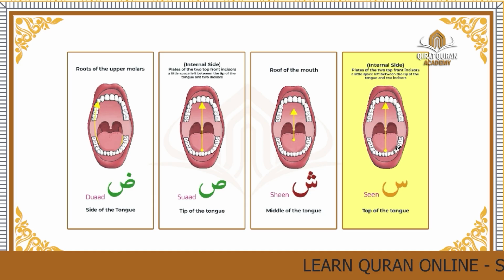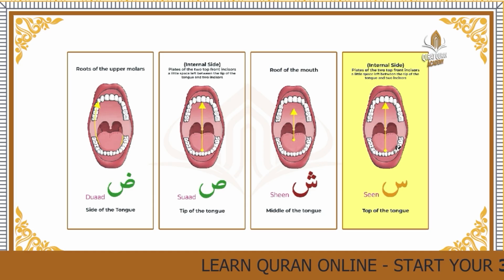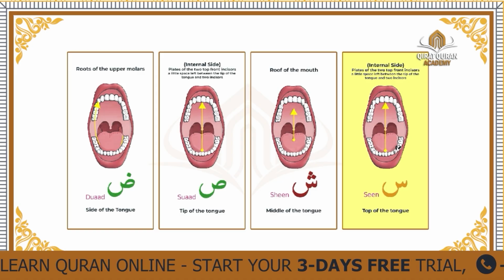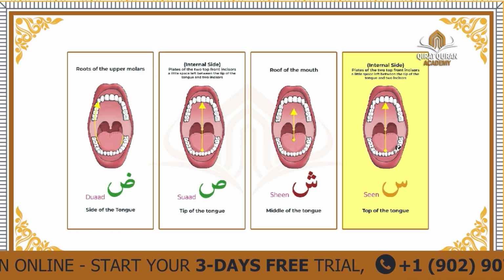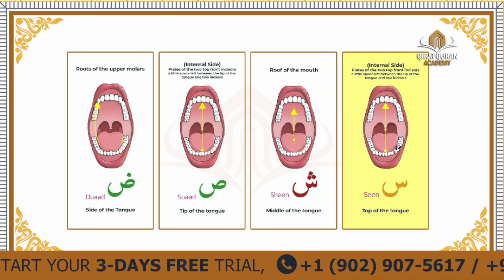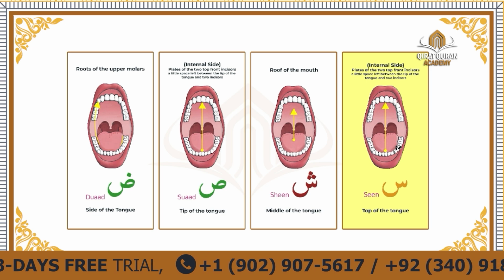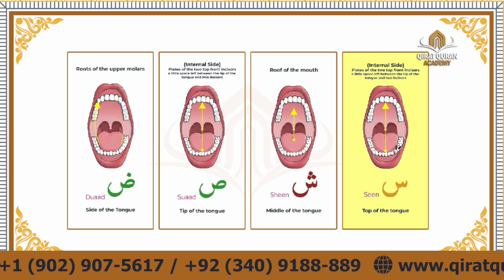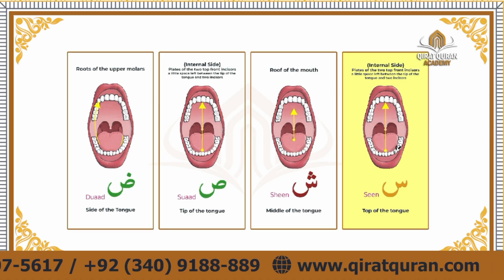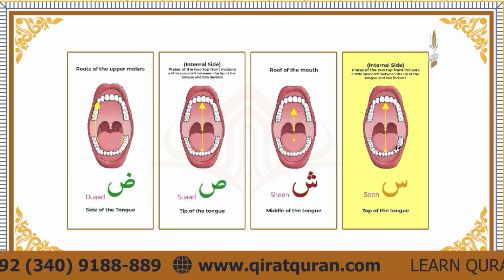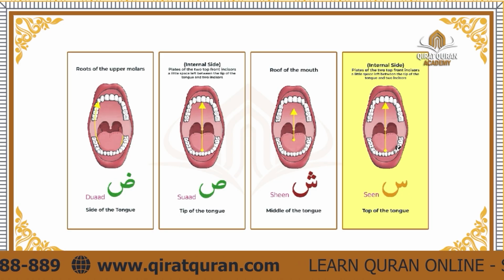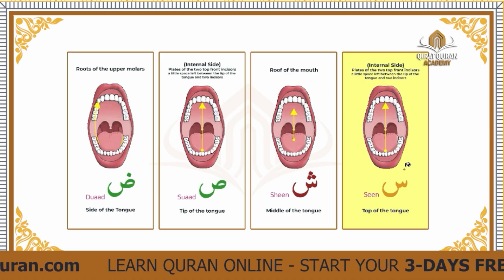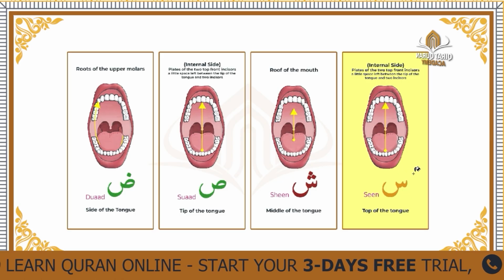Sin is similar to the letter we've read already, za. For za we have to use the tip of the tongue and put this near the inner plates of the upper central incisors. Same for the sin also, because the origin of sin and za is the same.